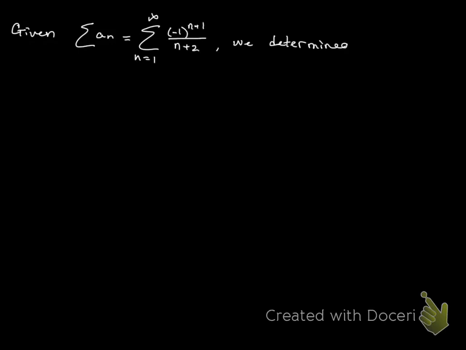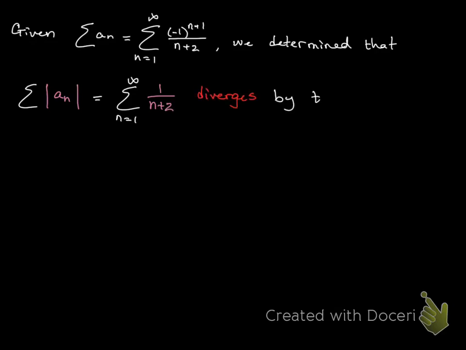So, given the original series in the example, we determined that the sum of the absolute value of a sub n, which is 1 over n plus 2, diverged by the limit comparison test.